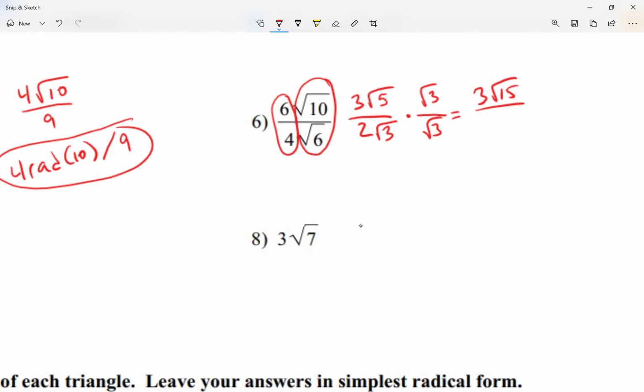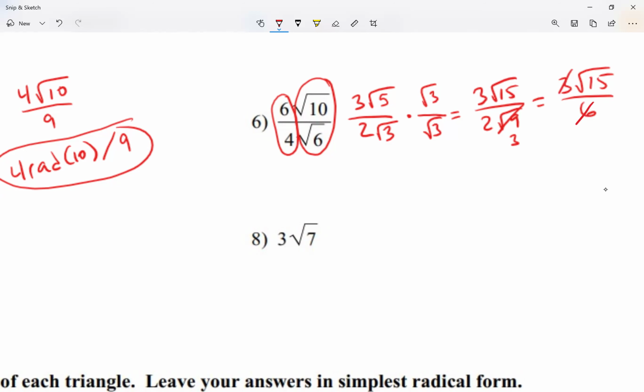When I simplify the bottom, it is 2 radical 9. But radical 9 becomes a whole number, which is 3. So that means I have 3 radical 15 over 6. See how I got rid of the radical at the bottom? Nice, easy.